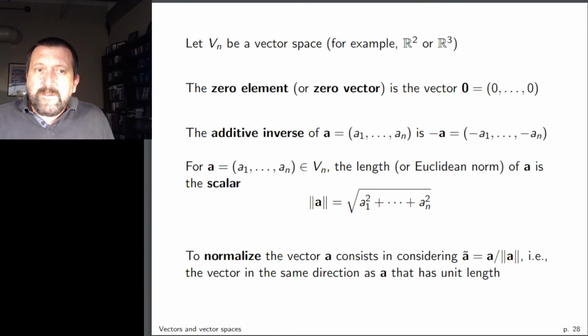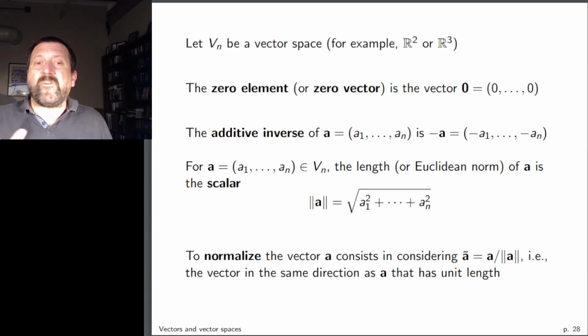The Euclidean norm, which is the length of a vector, is simply the square root of the sum of the squares of the components of the vector. Another thing that we'll use from time to time is the normalization of a vector. If I have a vector A, the normalized version of A is this A tilde, which is A divided by the norm of A. Remember that the norm of A is a number.